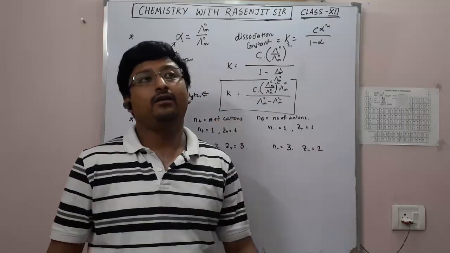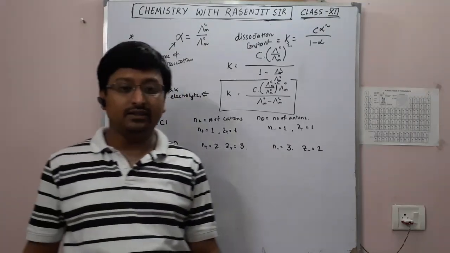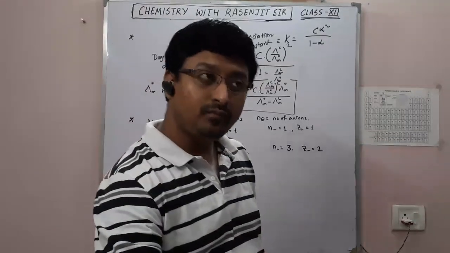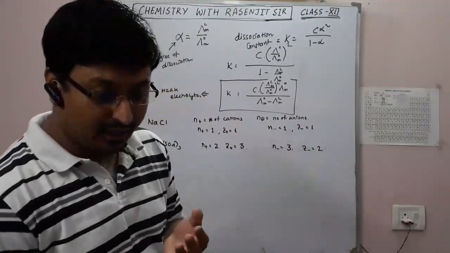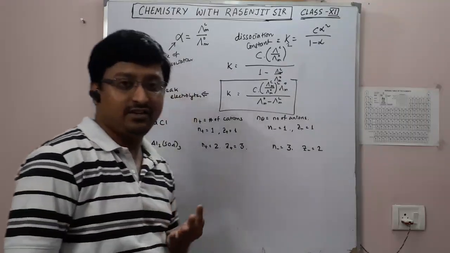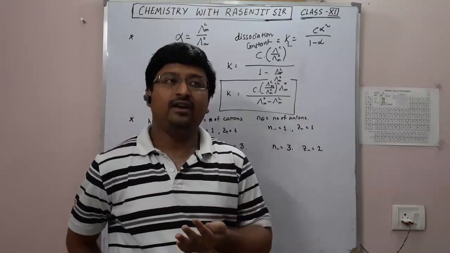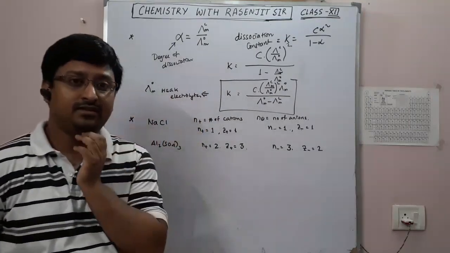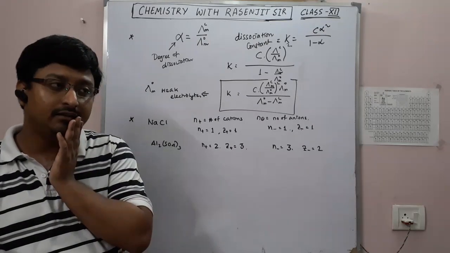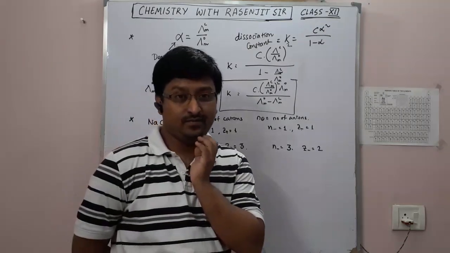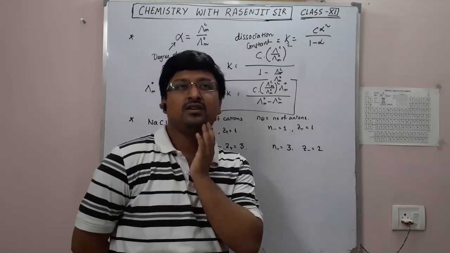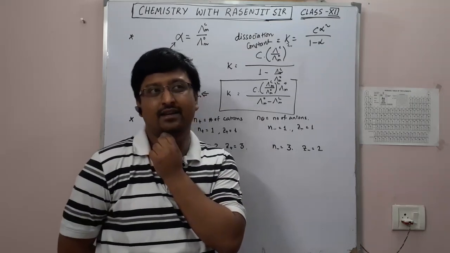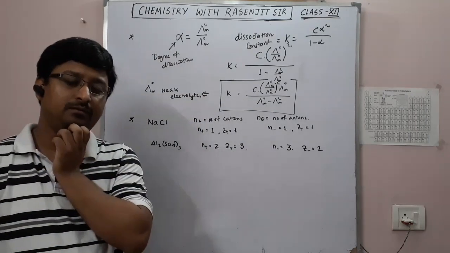Next, we will discuss the application of electrochemistry in different titrations, like acid base titration, where you do the titration using the electrochemical method. Then I will go to the different kinds of batteries, fuel cells, corrosion, calomel electrodes. That part we will discuss one by one.